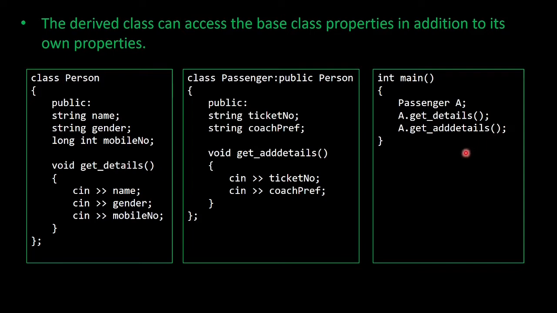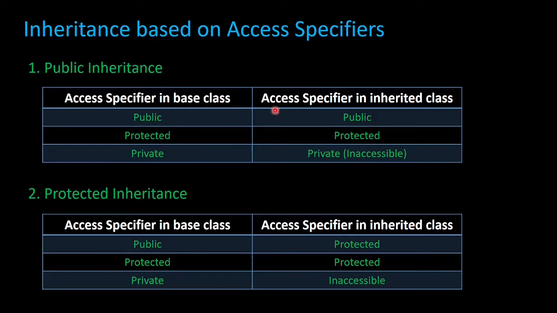Now let's learn more about the access specifiers. We have mainly three access specifiers: public, protected, and private. When the access specifier in the base class is public and we inherit it as public, this is public inheritance.